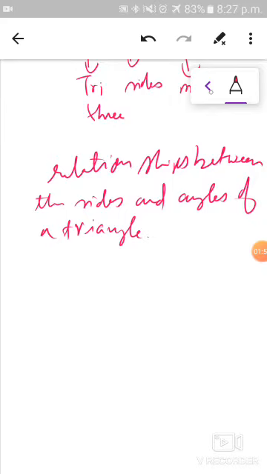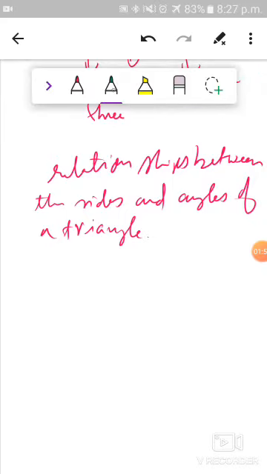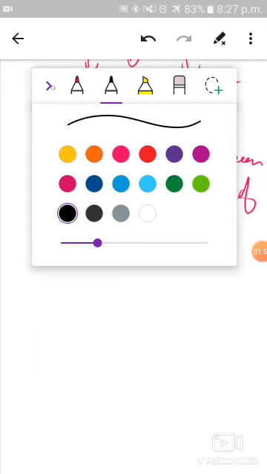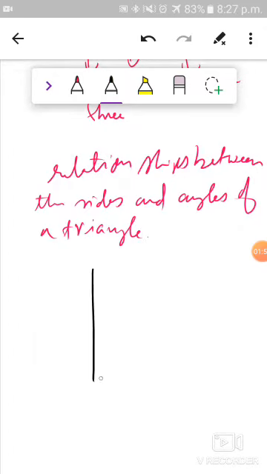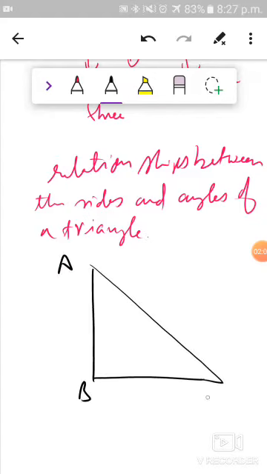Okay, so let me consider a triangle. Let us say we are having a right angle triangle, let me write the name as PQR, which is 90 degree at Q. As we know, the side opposite to 90 degree is called hypotenuse.